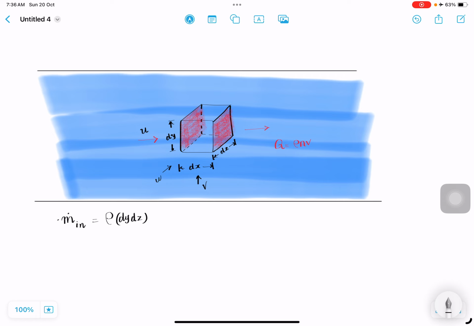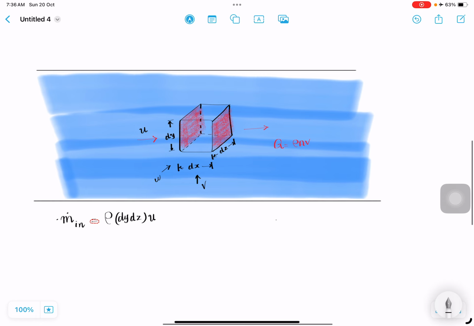Okay, so u for the fluid that is coming from the left side towards the right side, so it's flowing along the x direction. So it's rho A V, V for the velocity of the fluid that is coming in. Okay. Now that's the quantity of fluid, the mass flow rate, that is coming in. So now what is the mass flow rate, the quantity of fluid that is going out? So that is given by this equation, m out.